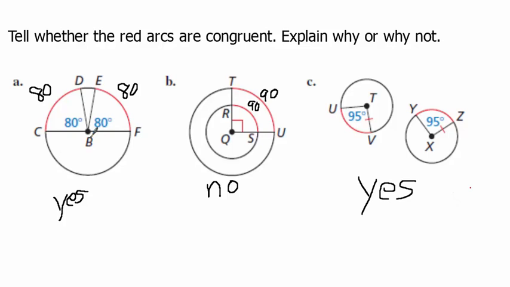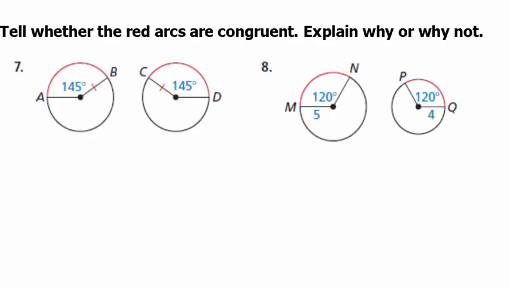Must be either on the same circle or two congruent circles with the same angle. So here we have two congruent circles, so yes, these guys are congruent arcs. Here we do not have congruent circles, so these are not congruent arcs.